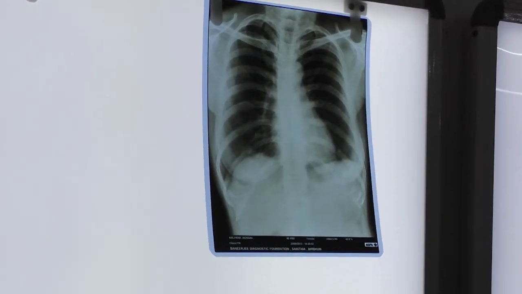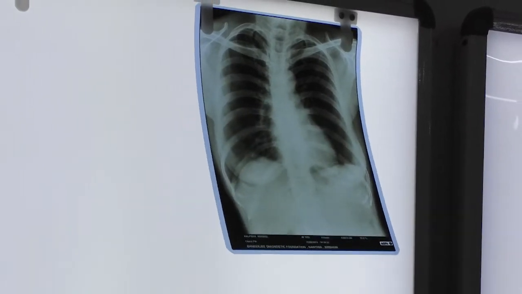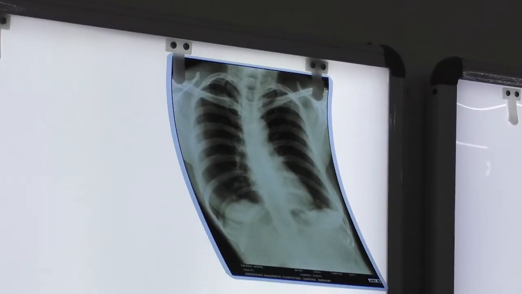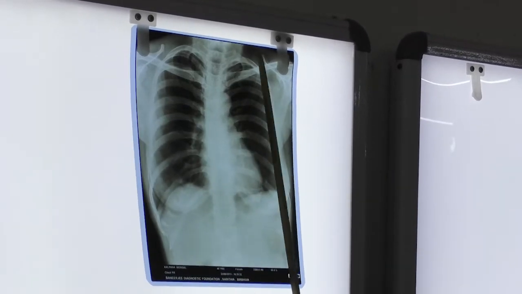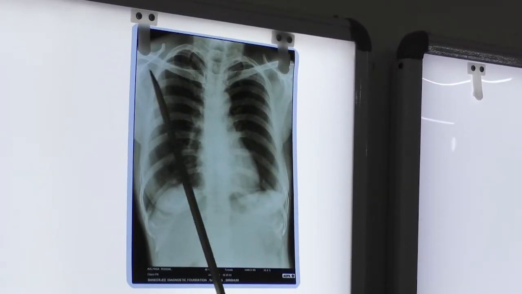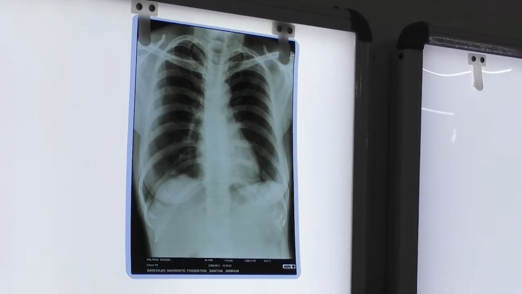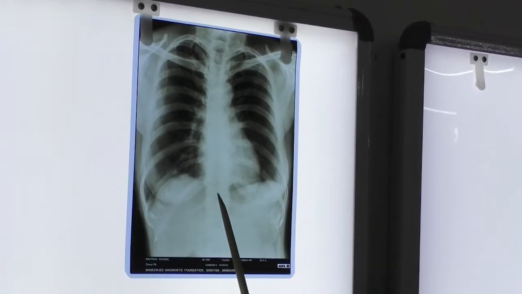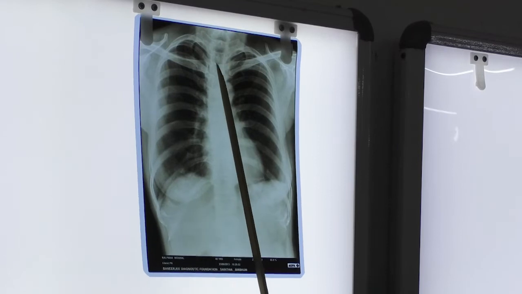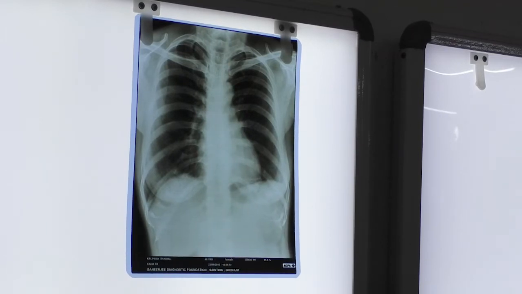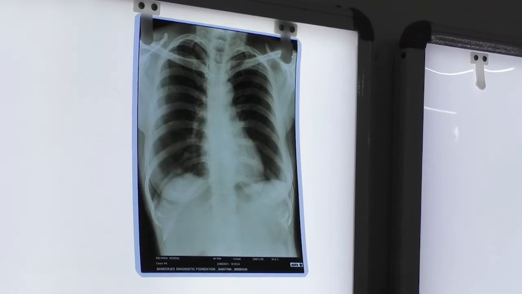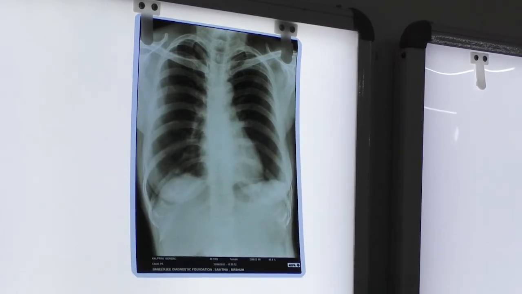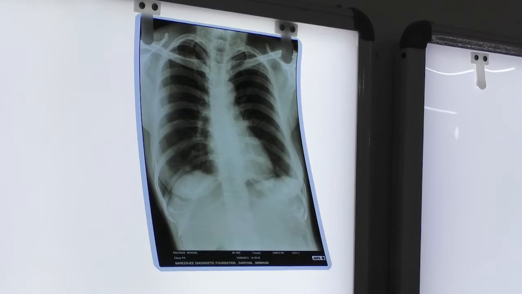So this is the constitution of the right border of the heart. Any other thing we can see? We can see the spine. Okay. Now I will teach you this one.